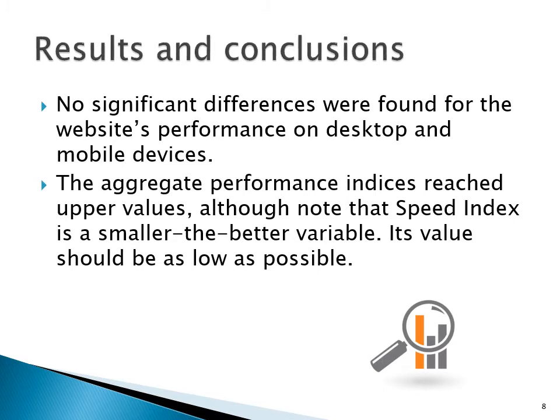Results and conclusions. No significant differences were found for the website's performance on desktop and mobile devices. The aggregate performance indicators reach upper values, although note that speed index is a smaller-the-better variable. Its value should be as low as possible.